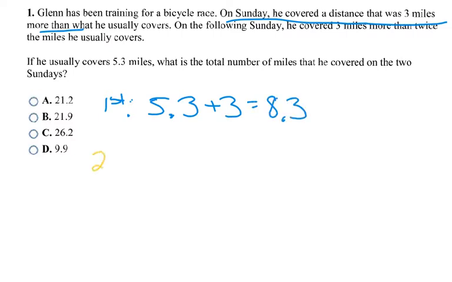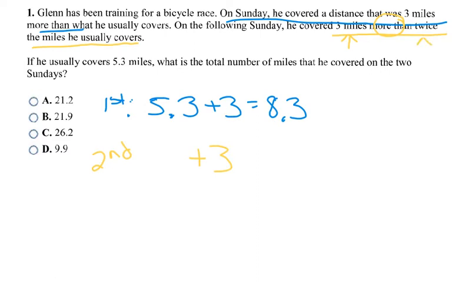Okay, so for the second Sunday, he covered 3 miles more than twice the miles he normally covers. So we have that more than, which is adding with a flip. So 3 is at the beginning in the words. It's going to be at the end.